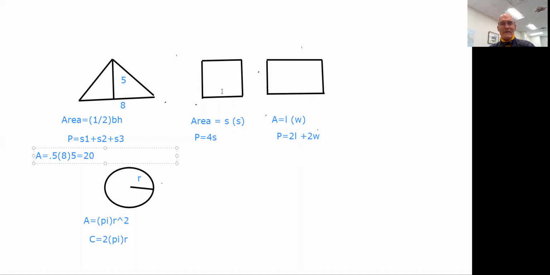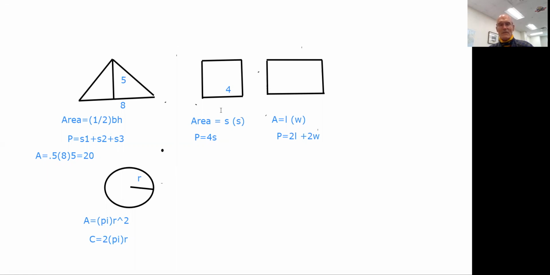Now, if I have the square here, let's say the side of the square is 4. That means all 4 sides are 4. So the area would be 4 times 4, which is 16.